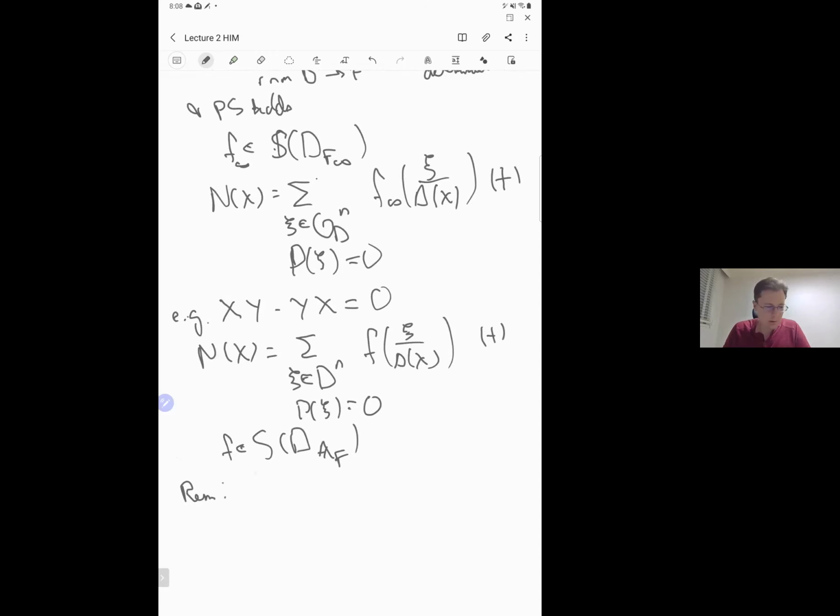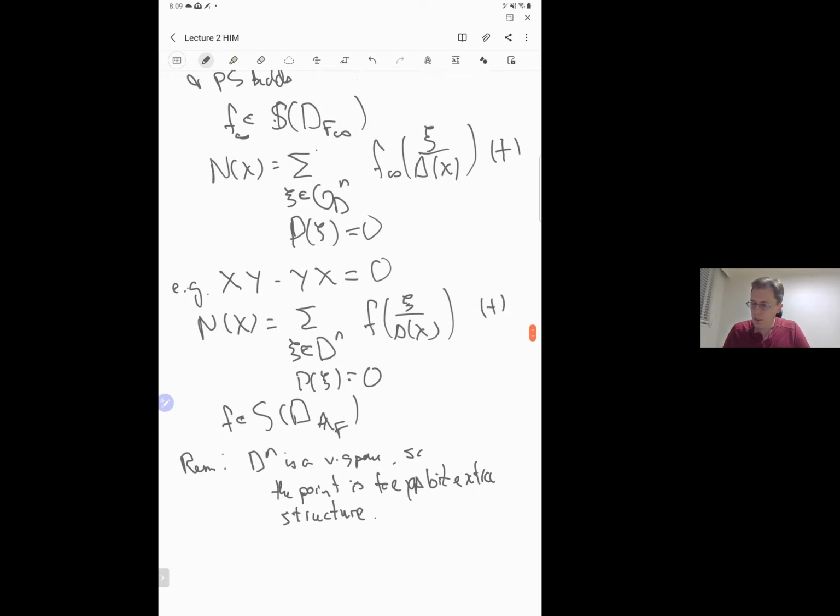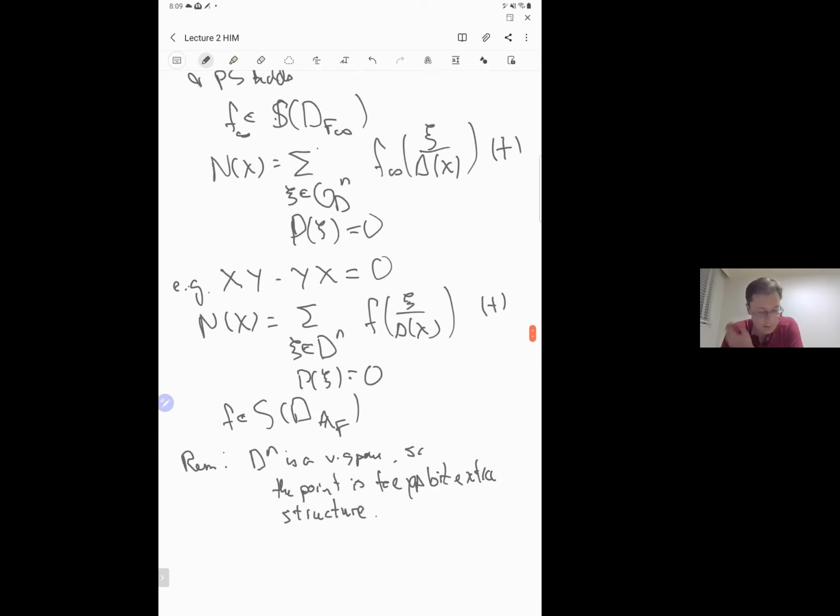So here are some remarks. D^n is, after all, a vector space. So the point is to exploit extra structure. In other words, if you set yourself up, you may be able to apply the circle method in the classical sense, because if you look at each of the matrix entries, this is some collection of polynomials on a vector space.